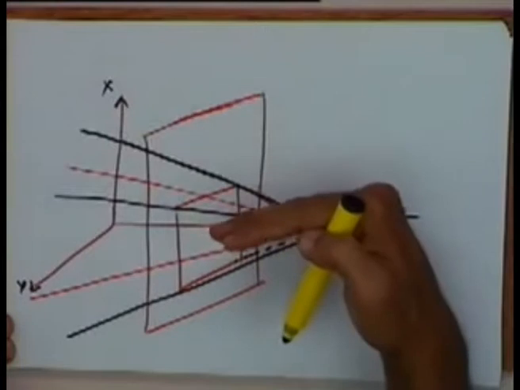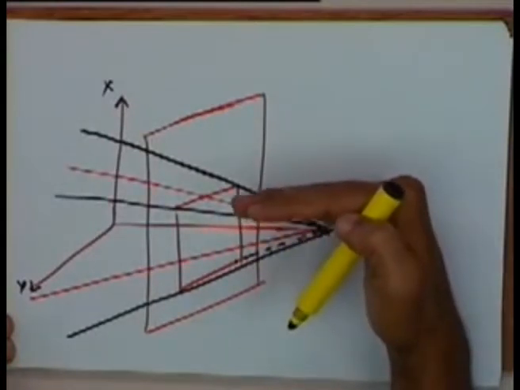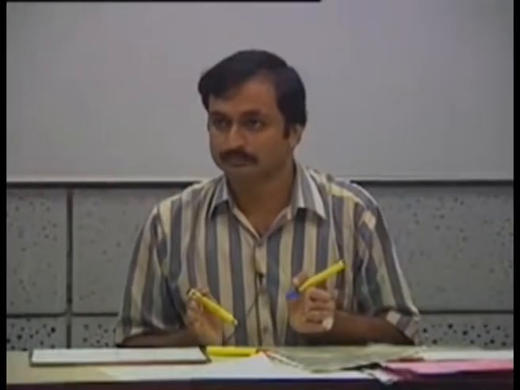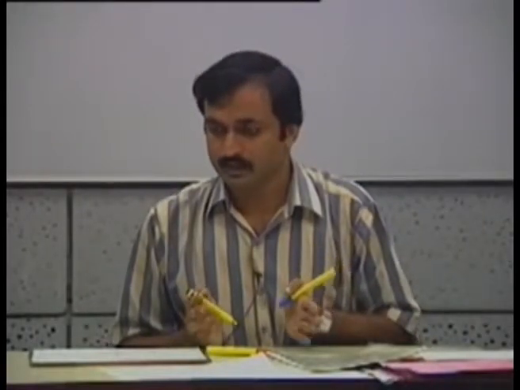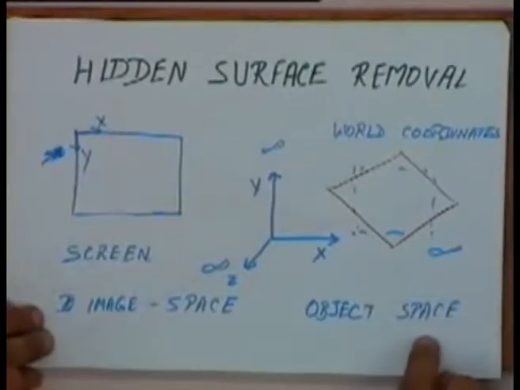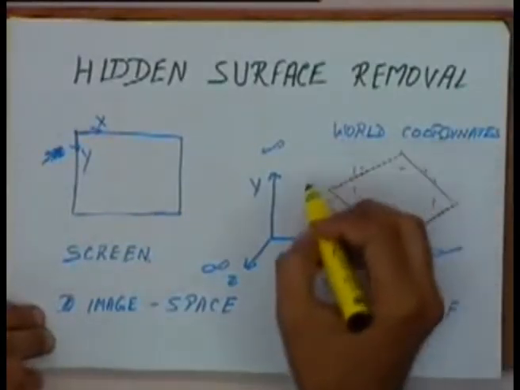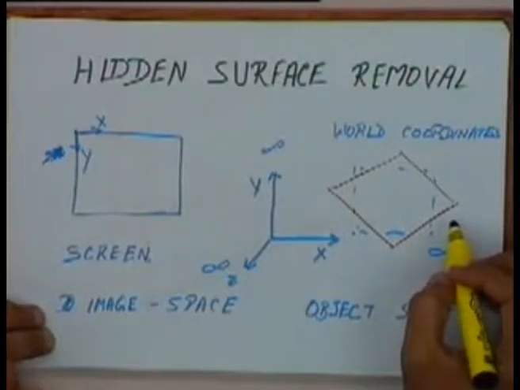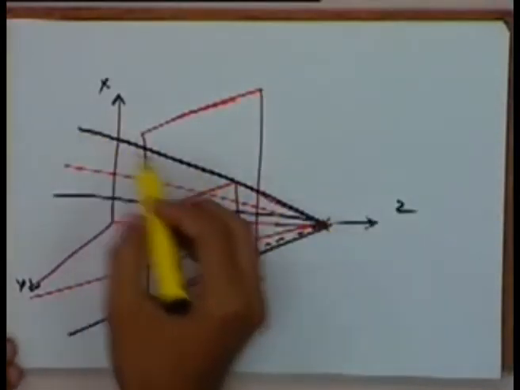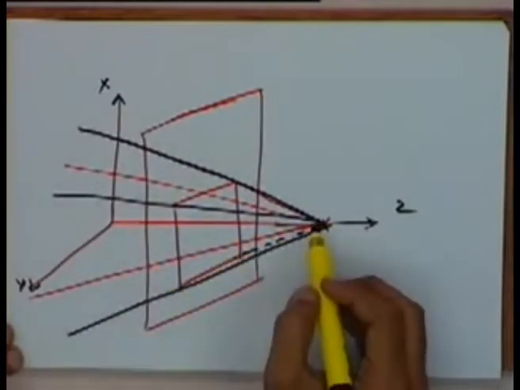Whatever lies inside this projecting plane will be visible. That will correspond to a pyramidal volume. So an algorithm which is operating on the object space will first look at the object in the world coordinates. It will clip it in three dimensions such that only portions inside this pyramid are visible.